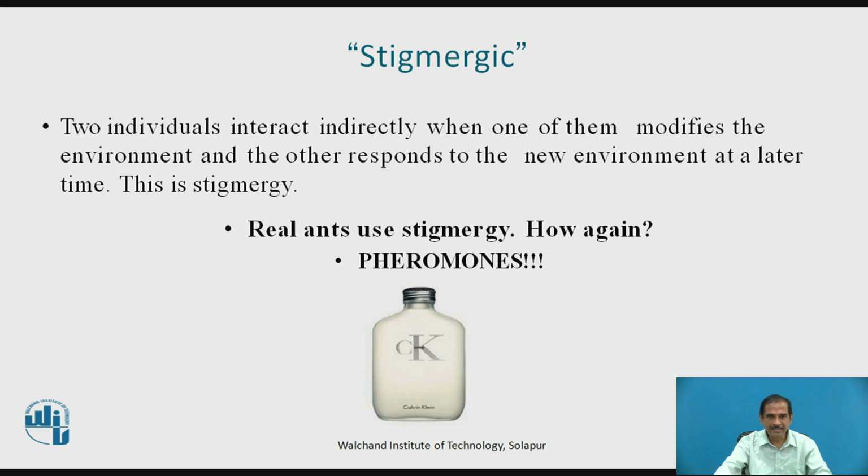This is stigmergy, and real ants use stigmergy and go on to follow the same path, and through randomization we are achieving very good results from what the ants have given out as pheromones.